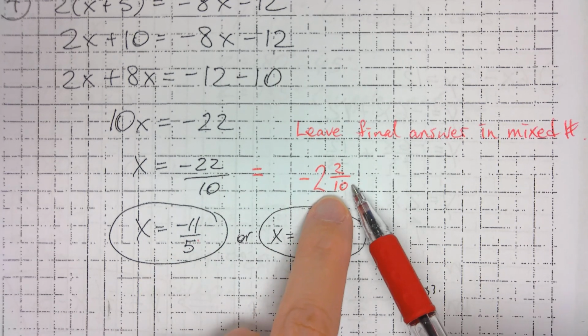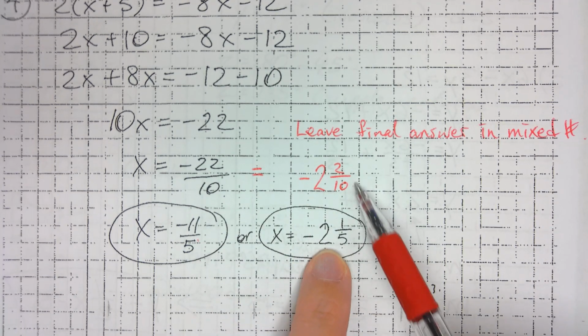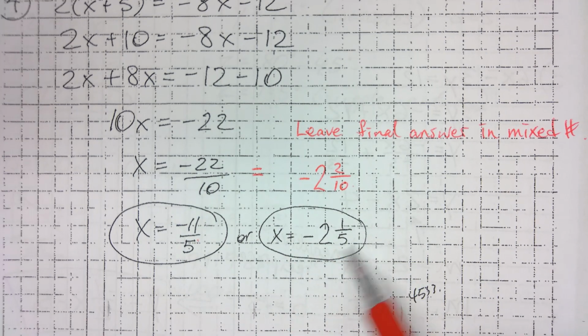If you leave your answer in this form, you're going to get half a mark off. What's wrong with this one? Casey? Yeah, it's not simplified, right? So you have to reduce for the full mark. I should see this, right?